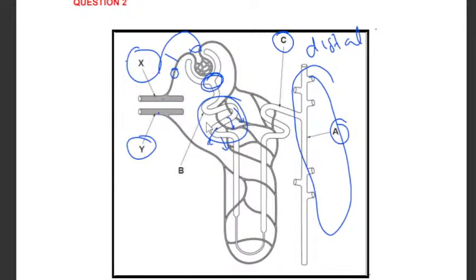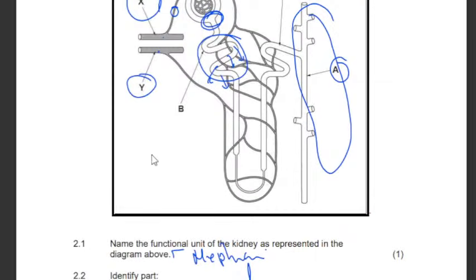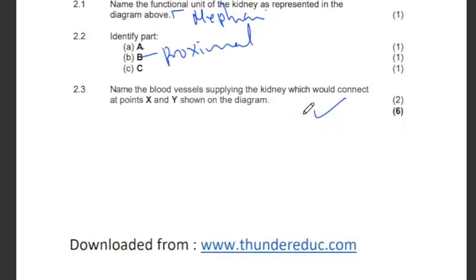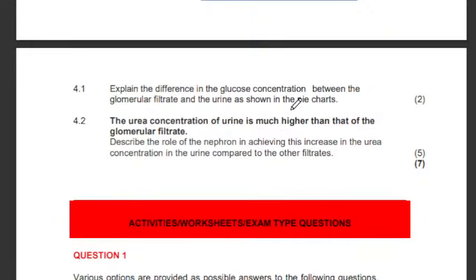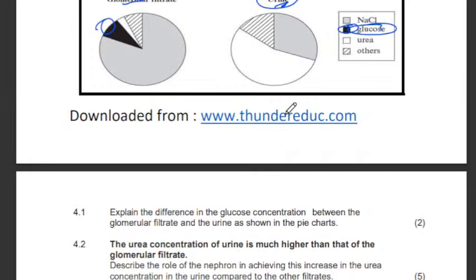It does that by active transport. If active transport is there, it means that the glucose will not follow the concentration gradient. It will be against it, meaning that here is a low concentration of glucose and here is a high concentration of glucose. Therefore, glucose will be pumped into the blood vessels by active transport. So if you come back here and look at the question, we are saying to explain the difference in the glucose concentration.